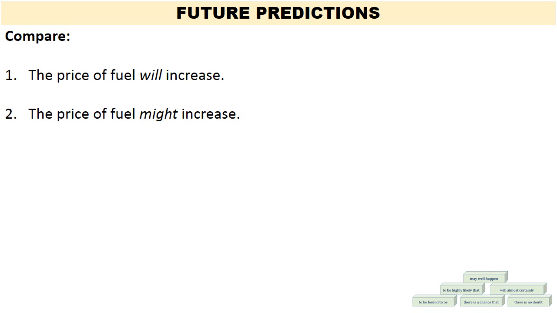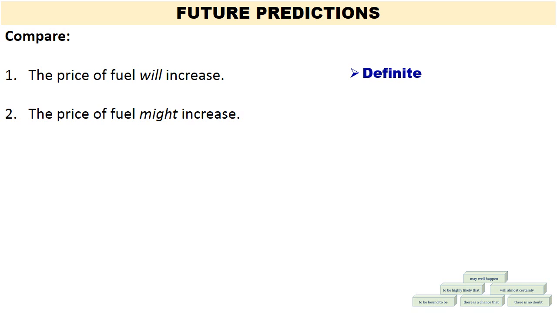Take a look at the two sentences. Number one, the price of fuel will increase. Number two, the price of fuel might increase. What is the difference between the two sentences?